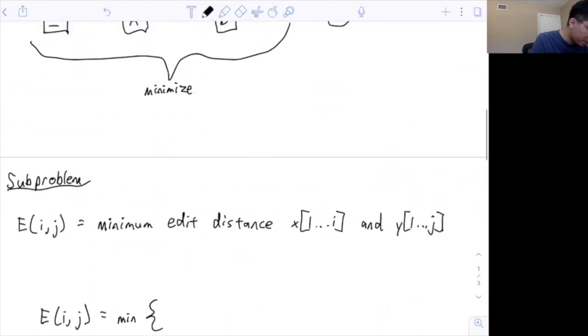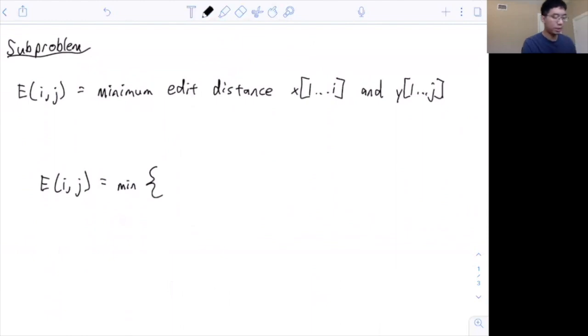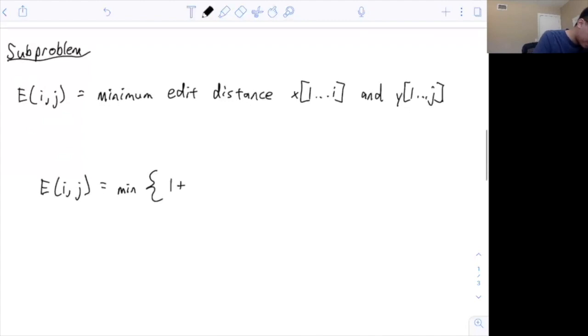Now, let's say the previous edit was a deletion. In this case, if we deleted a character from x, that uses one edit, so we'll add a 1, plus the previous subproblem would have been just the first i minus 1 characters of x, since we deleted the last character of x.